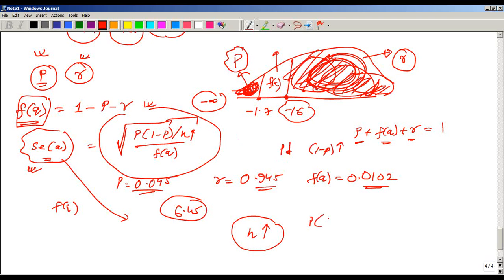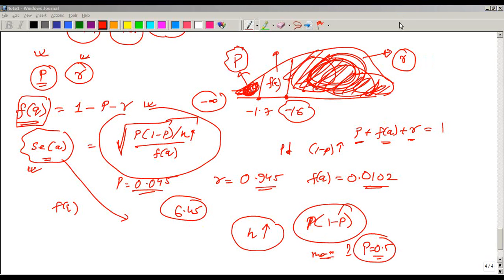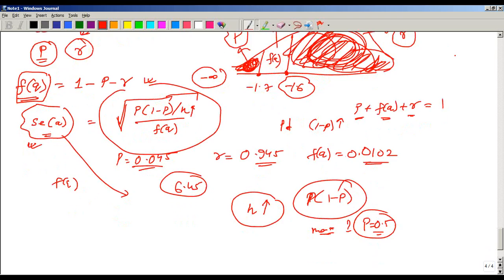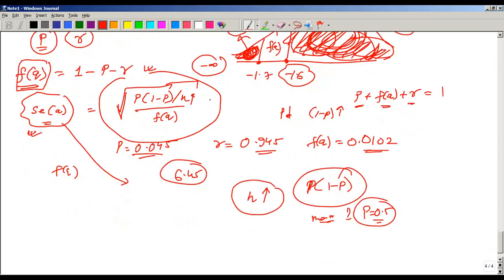Note that the function P into 1 minus P is maximum at P equal to 0.5. At other values it will be lower than this. So if you increase the bin width, your standard error will reduce.